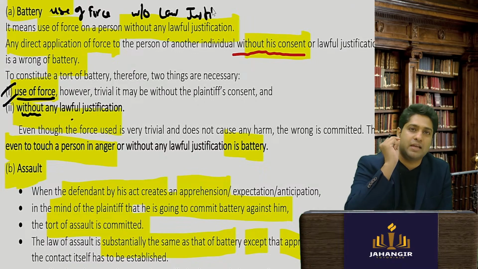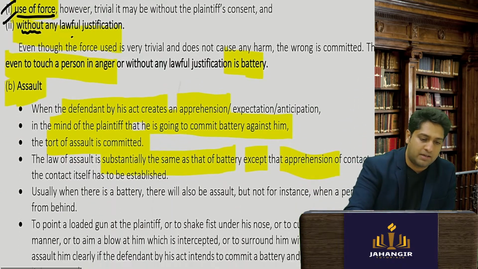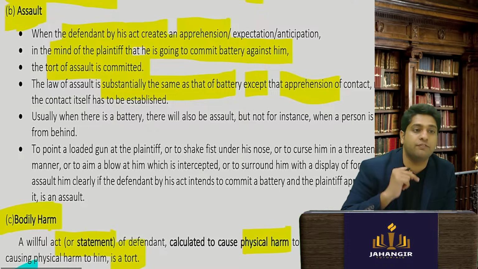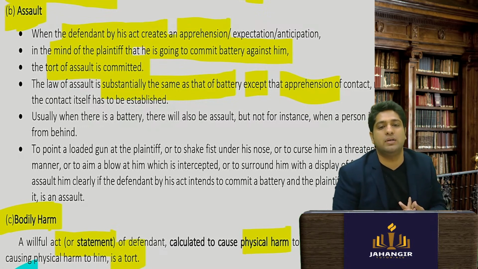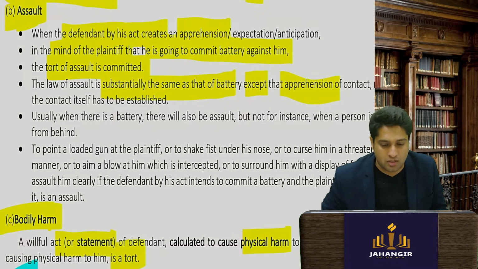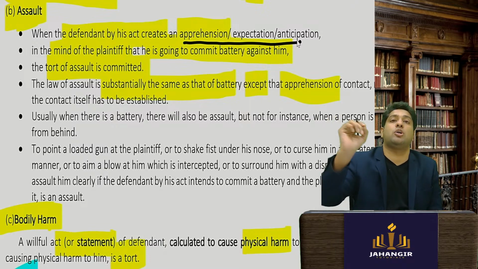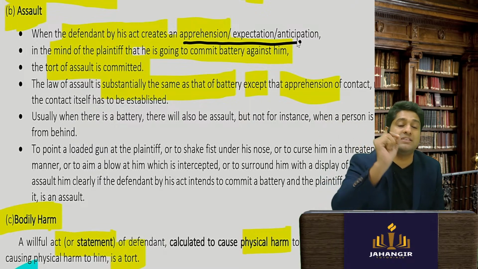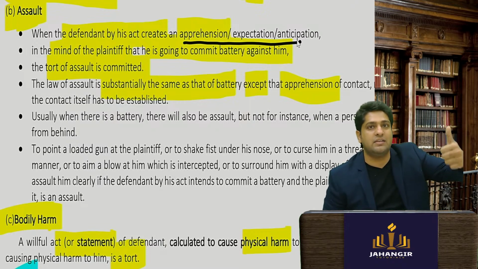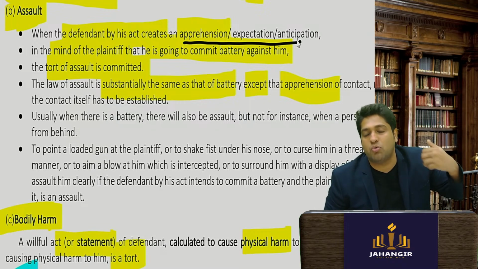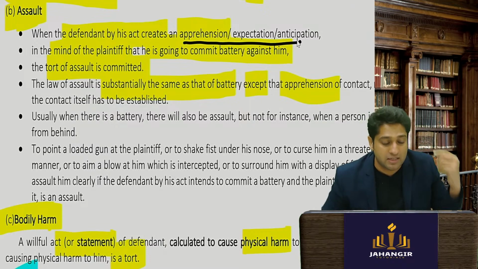So actually hitting someone is battery, but if you have not hit, but there is only an apprehension, anticipation, expectation that a tort will be committed, that physical injury will be done. If physical injury is done, then it is battery, but if it is not done, and only an apprehension is created, then it is assault.